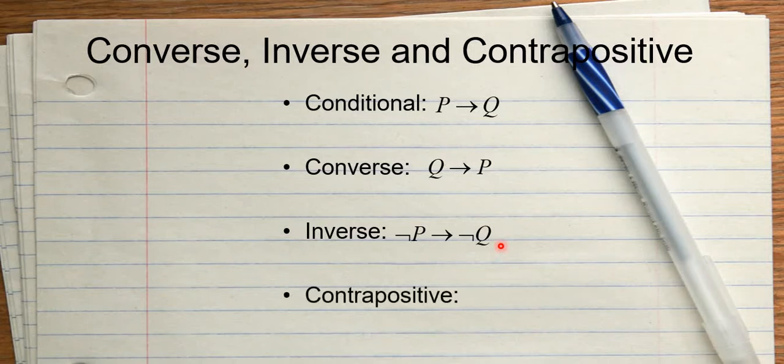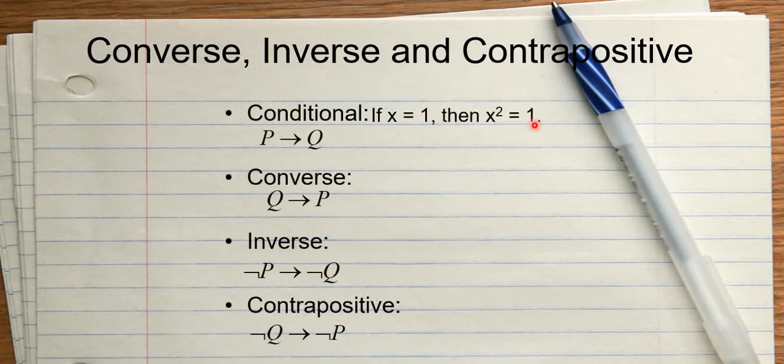To get the contrapositive of the conditional statement, we would have to negate the simple propositions and switch them, having it as not Q implies not P. So the converse, inverse, and contrapositive are propositional forms based on an original conditional statement.